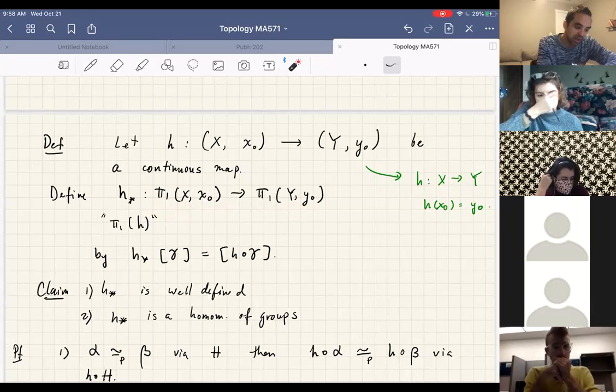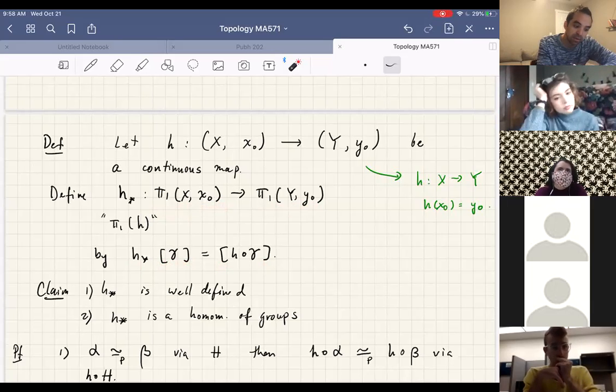And it's just defined by, at the homotopy class of a loop gamma, taking the homotopy class of the loop in Y given by the composition of gamma and H, right?